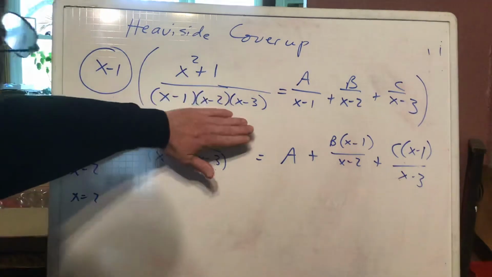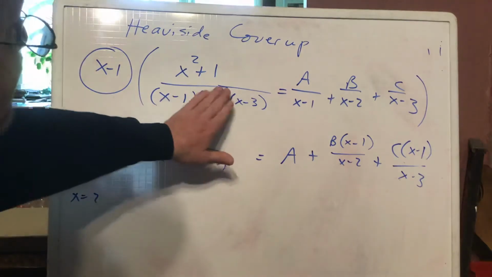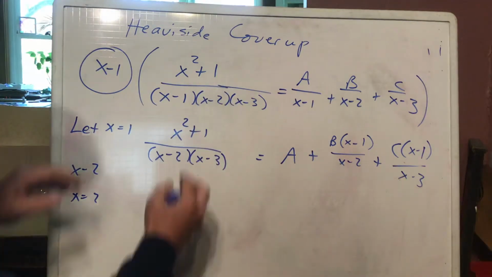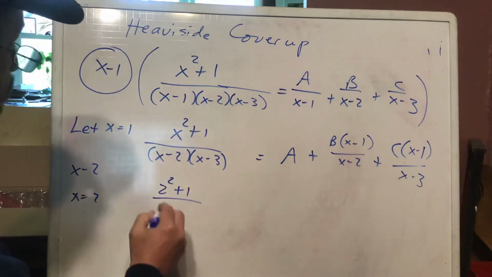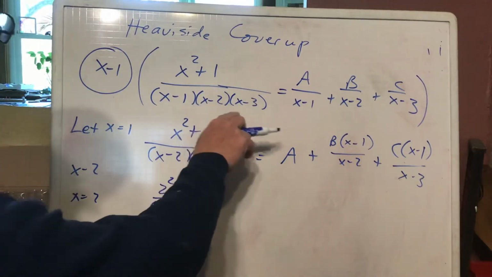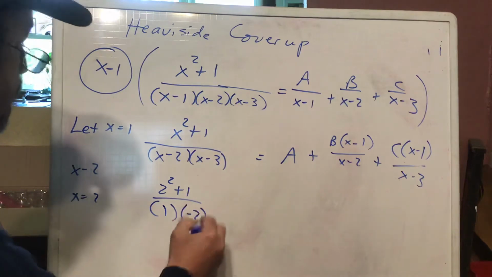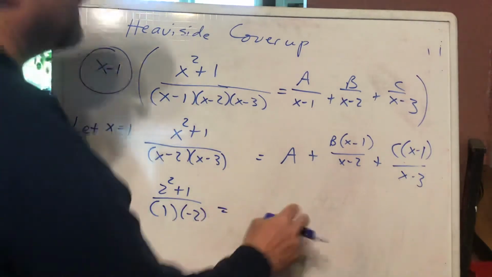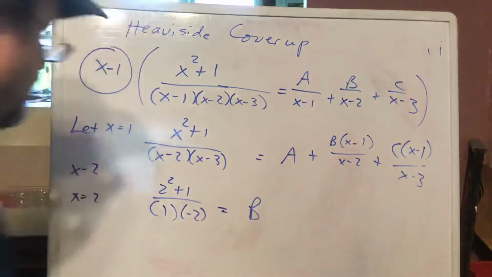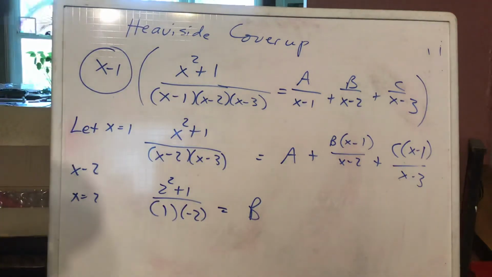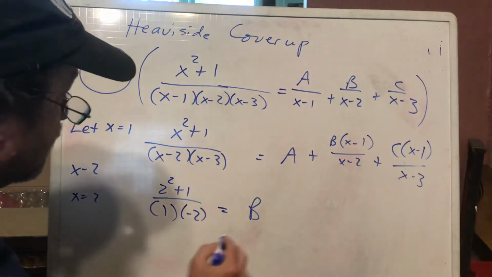I look at this equation right here and let x be 2 everywhere except right there, which is going to be canceled out. So when x is 2, I've got 2 squared plus 1 over 1. That's not going to be there because the x minus 2 is going to cancel it. This is going to be negative 2. And on the right-hand side, a and c are going to go away, and it's just going to be b. And that very quickly tells me b is negative 5 over 2.